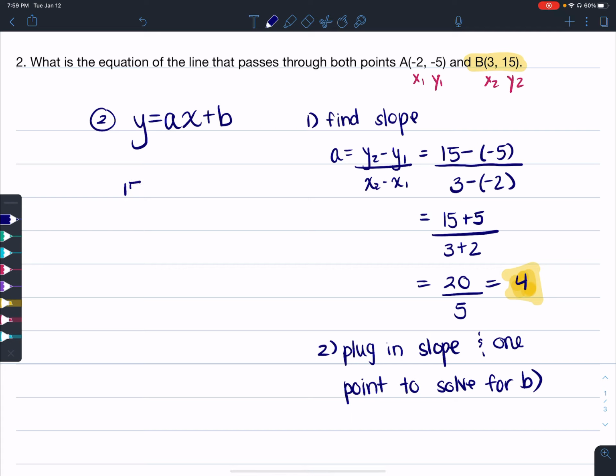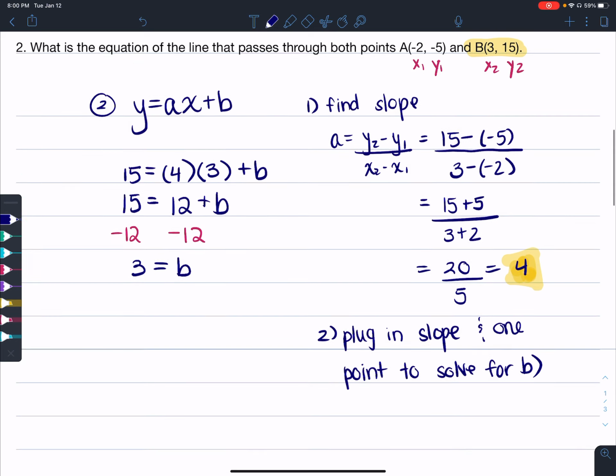So y is 15, a is 4, and x from point B is 3. So 15 equals, now 4 times 3, 12 plus b. Now to get b by itself, we need to subtract 12 from both sides, and we get 3 equals b.